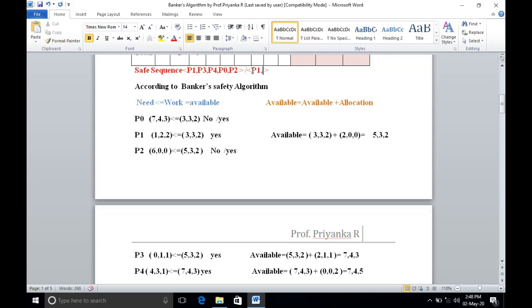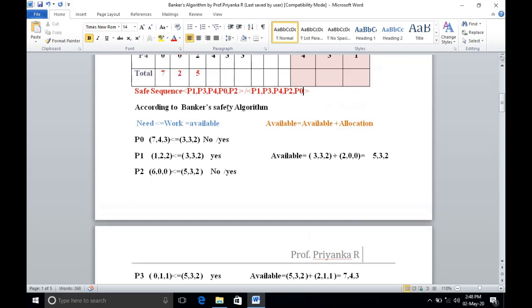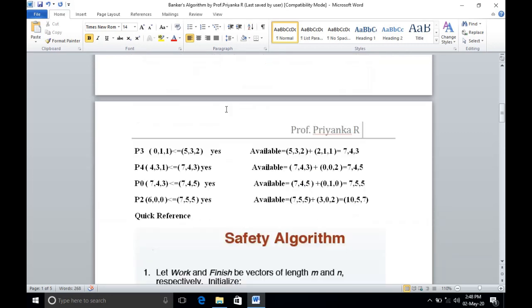It is P1, P3, P4, followed by P2, P0 or P0, P2. So this is the safe sequence we have generated. Here ends the safety algorithm with respect to Banker's.